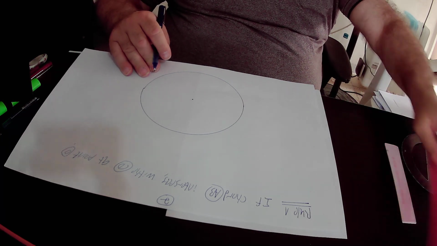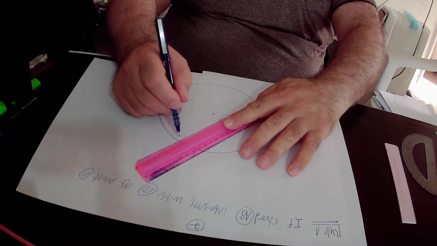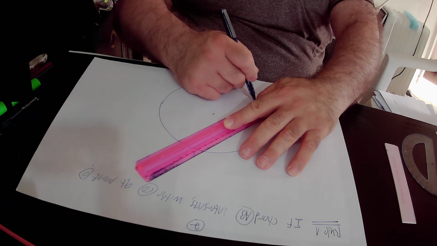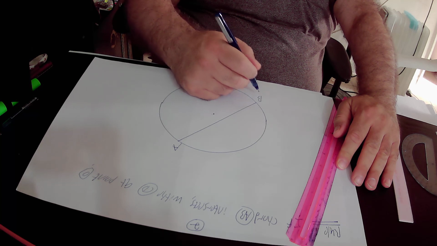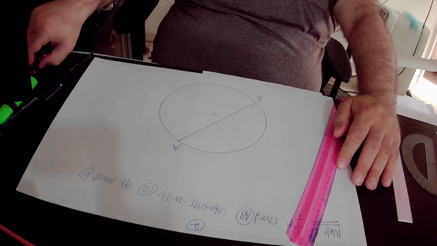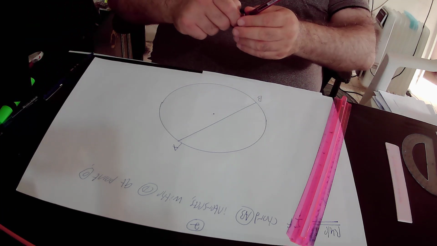So here we have, this is chord AB that intersects with chord CD.